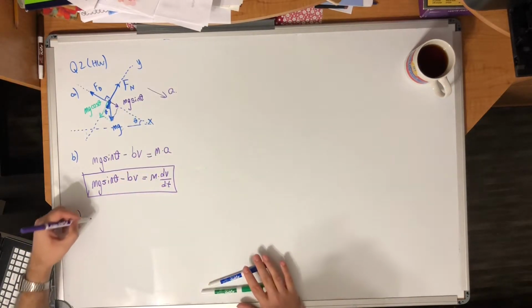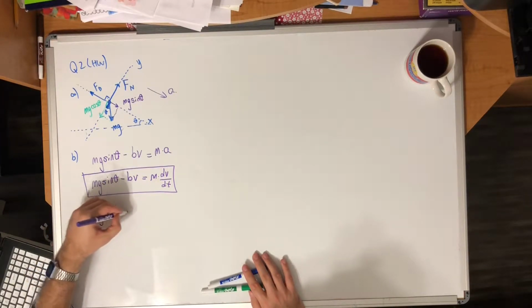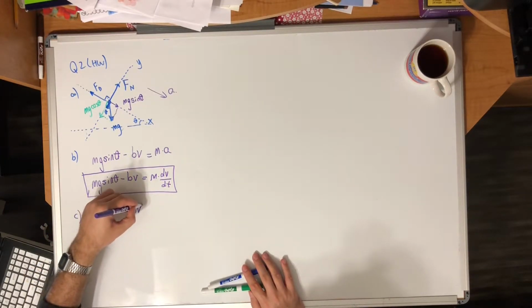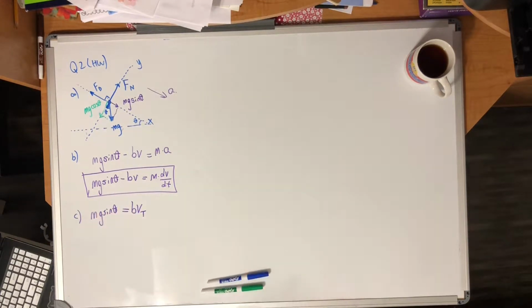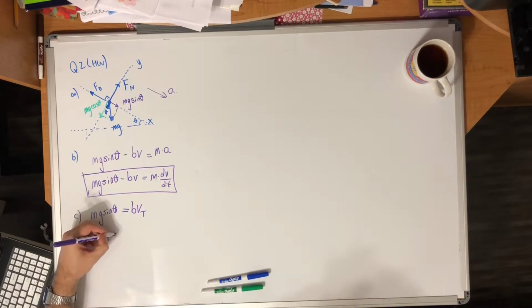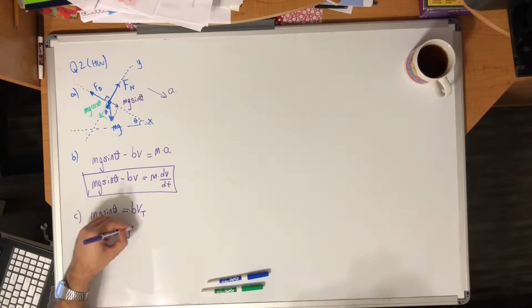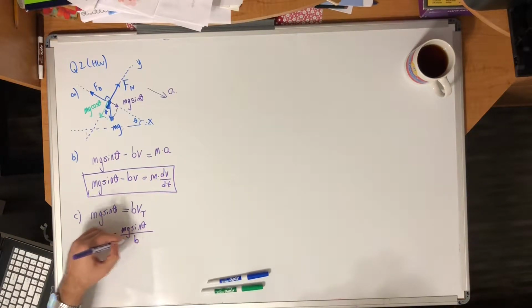Then that means mg sine theta equals bv. But this is a special case. We call it terminal velocity, so we show it as vt. Then I just need to solve this for vt, and my vt is mg sine theta divided by b.